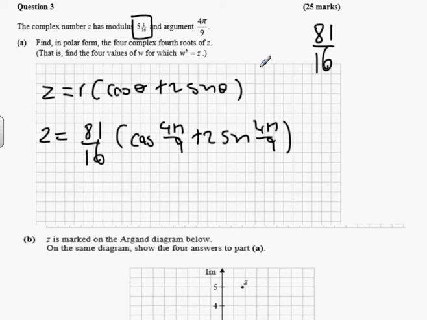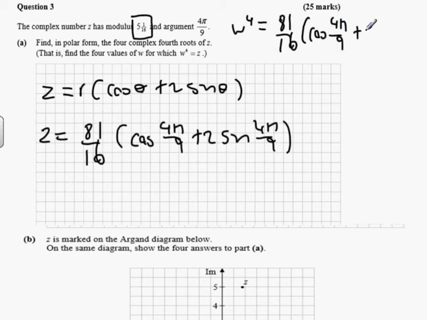Okay? So, W4, I'm just going to write it up here. Rewrite the question. It wants me to find 4 complex roots, so W4 equals Z. We all know that Z is now equal to 81 over 16 cos 4 pi over 9 plus I sine 4 pi over 9. Now Connor, see that language?